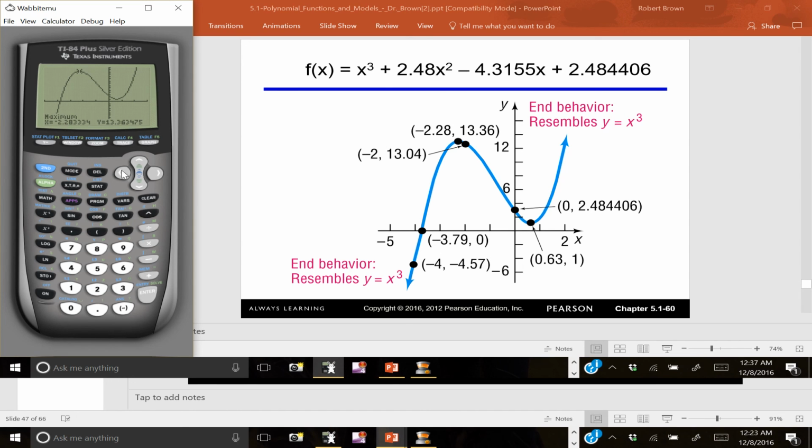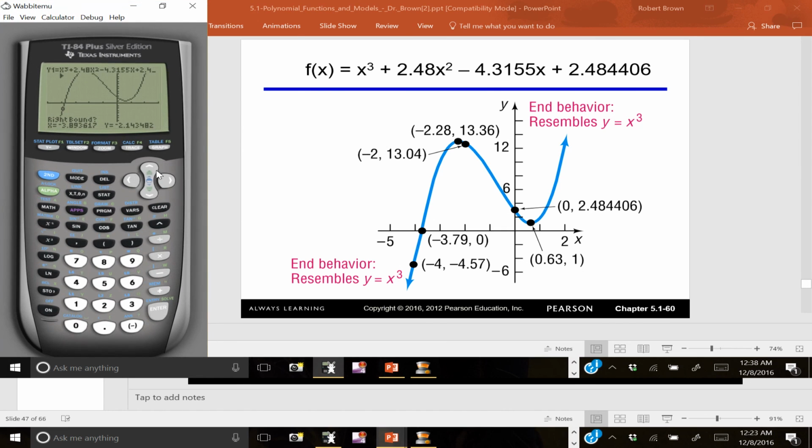If now we wanted to go and find the zero, let's go down here and put it to the left of the zero, hit second calc, hit zero for the left bound, hit enter, because it's already there.